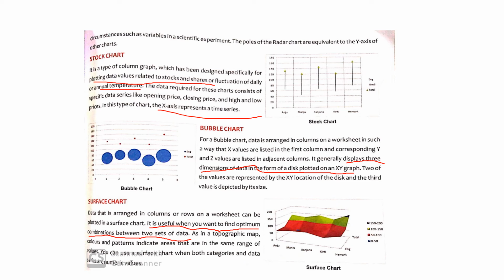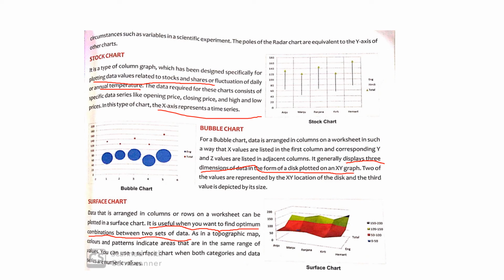As you can see the blue bubbles here, the size of the bubble will tell you whose data has the highest value. So the bigger the size of the bubble, the higher the marks.